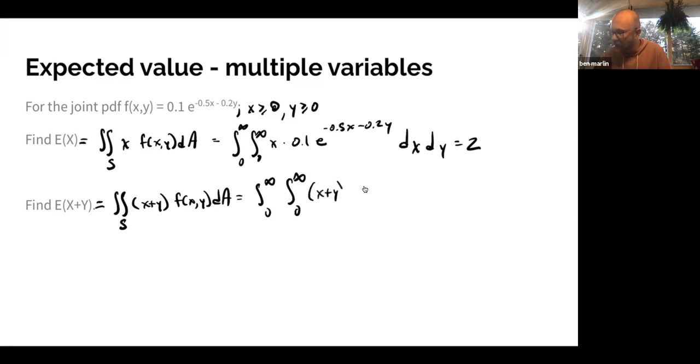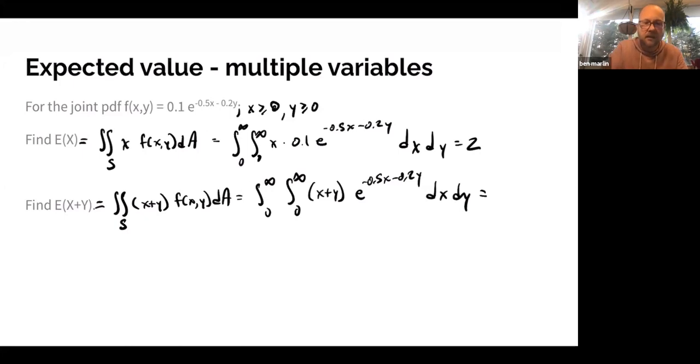Instead of an x, I'll have an x plus y. Okay, and I am going to come in here and type x plus y where I had an x before. I'm just going to let the computer evaluate for me. I believe it'll come out to be 7. The computer's being super slow about it. And yes, it did come out to be 7.